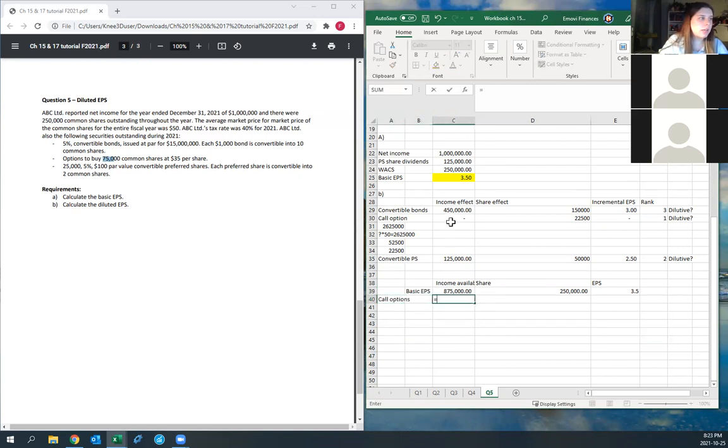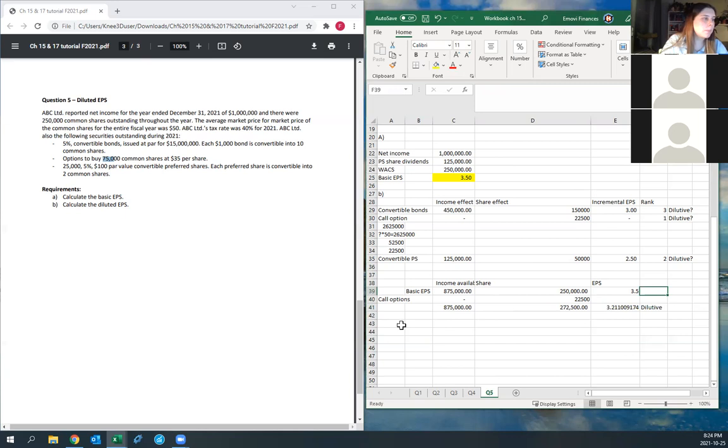Income available, no effect. And then the number of shares was 22,500. I'm going to sum the two together to see now what might be our new dilutive EPS. So you do the 875,000 divided by 272,000, and that gives us an EPS of 3.2. So it is dilutive because it's lower than our 3.5.